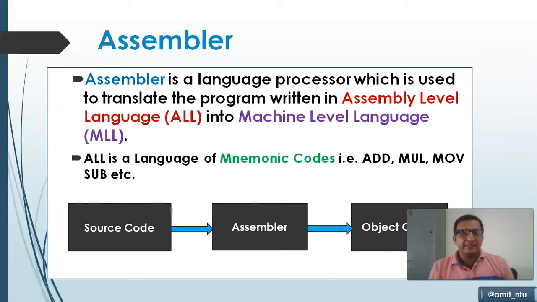So first of all, the assembler. An assembler is a language processor which is used to translate the program from assembly level language to machine level language. Now, first of all, we should understand what is assembly level language. Assembly level language is a language of mnemonic codes. What is that? Actually, when programming started, at that time every computing was done in binary codes.